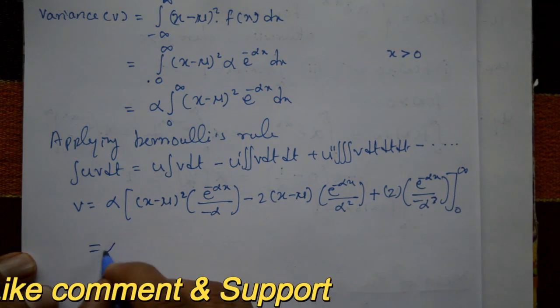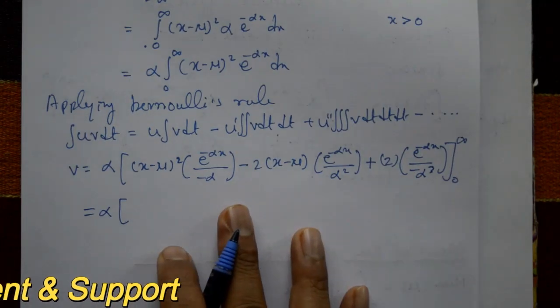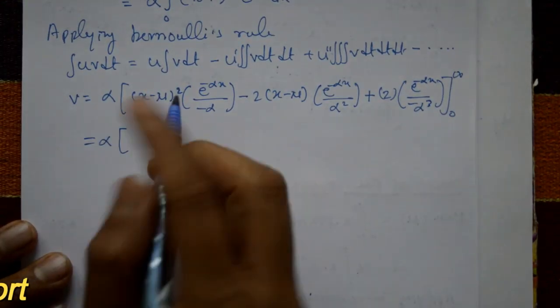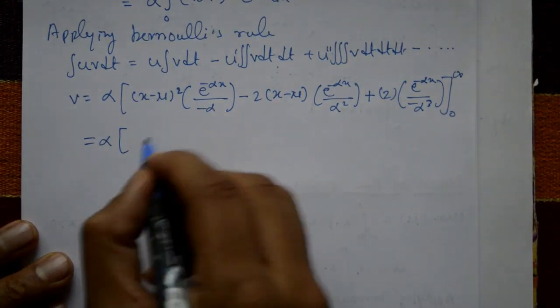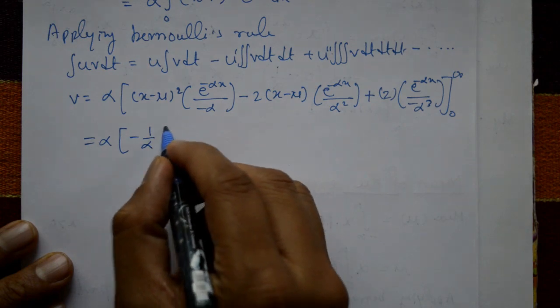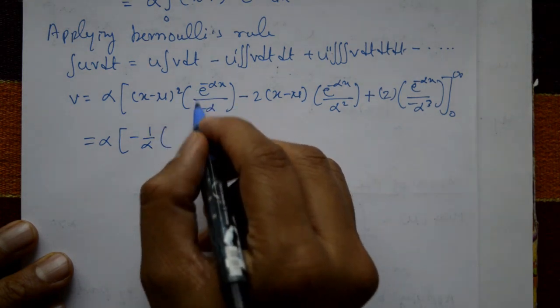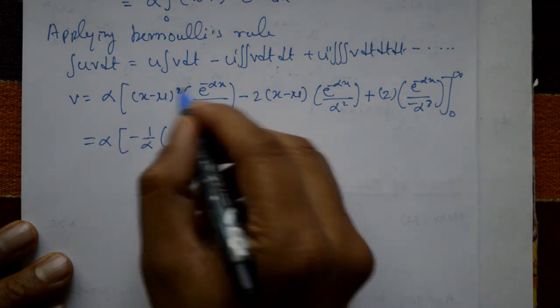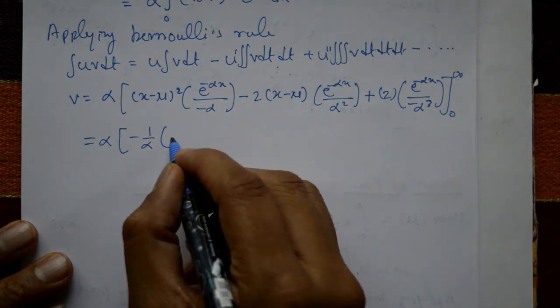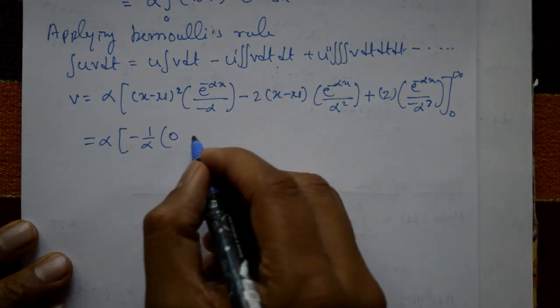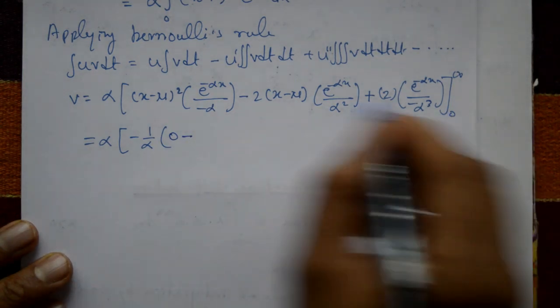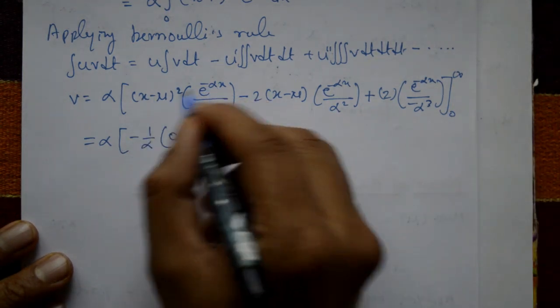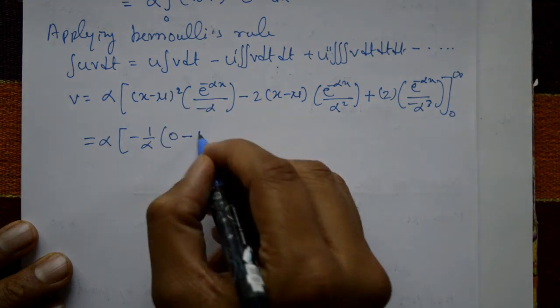Okay, and this is alpha into, so minus 1 by alpha take outside as constant, and put x is equal to infinity, e raised to minus infinity is 0, first is 0, minus lower limit x is 0, e raised to 0 is 1, only mu square.